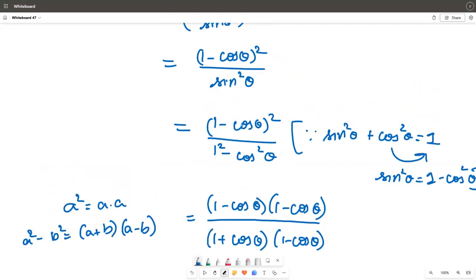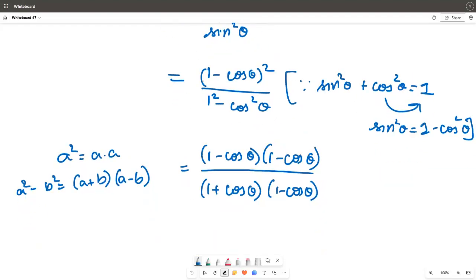So what I have done is substituted 1 minus cos square theta in place of sine square theta in the denominator. In the numerator, we have (1 minus cos theta) whole square, which I have written as (1 minus cos theta) into (1 minus cos theta), since a square can be written as a into a.